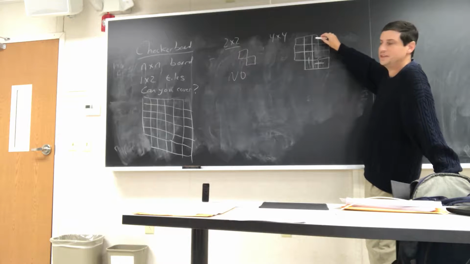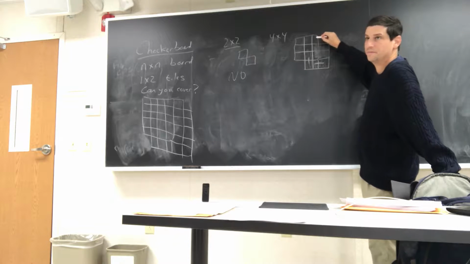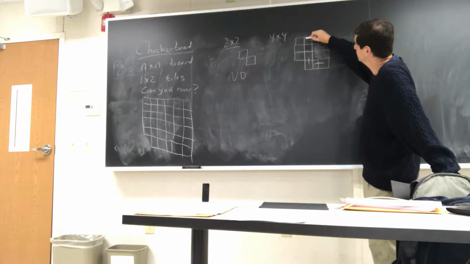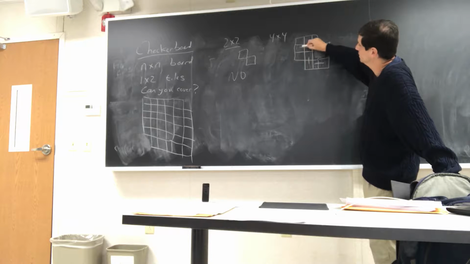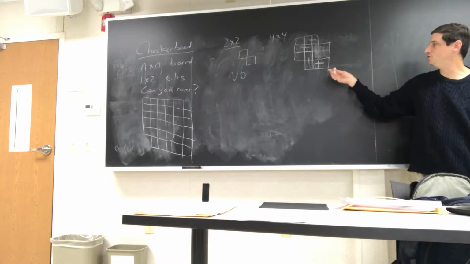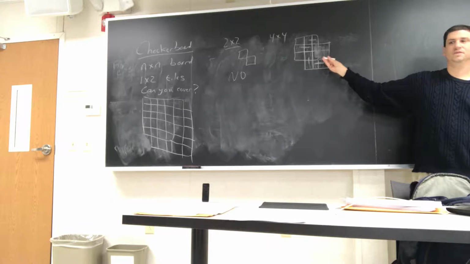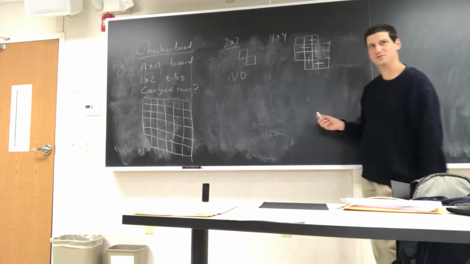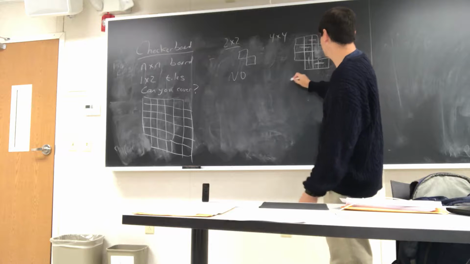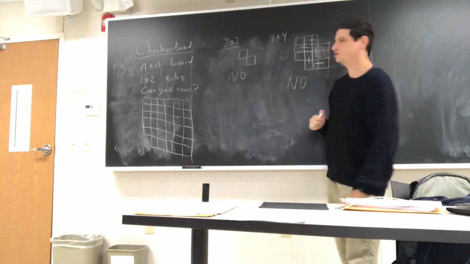Now over here, that tells us we're going to have to go this way. So it has to be like this. Well, now to get this piece, we have to go like this. And so we see that we can't do it like this. Now we need to just look at it that way. That way also doesn't work. So I'm not going to do that. I'll leave that as an exercise. We'll see the answer is no as well.